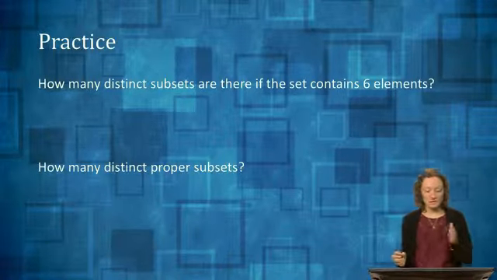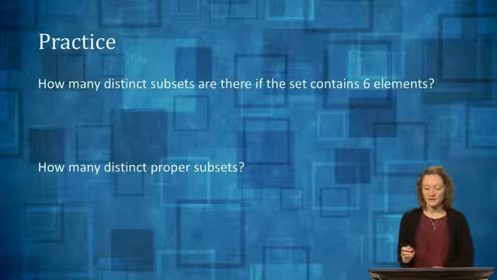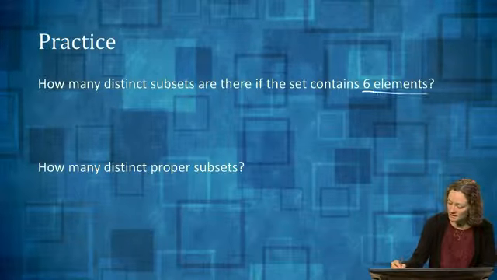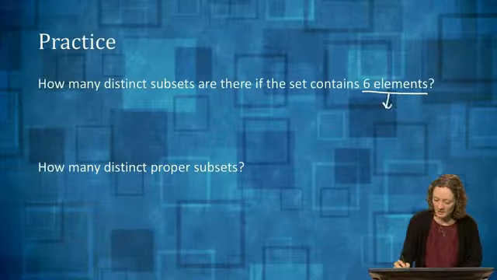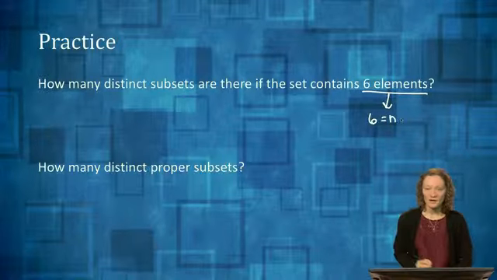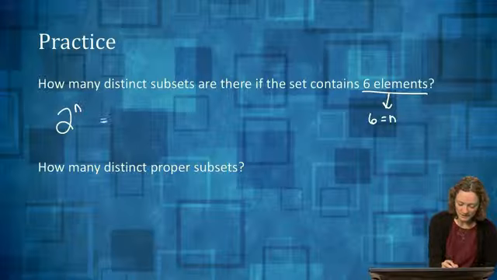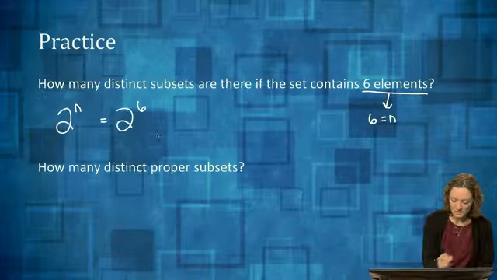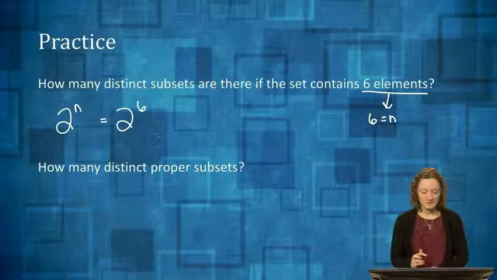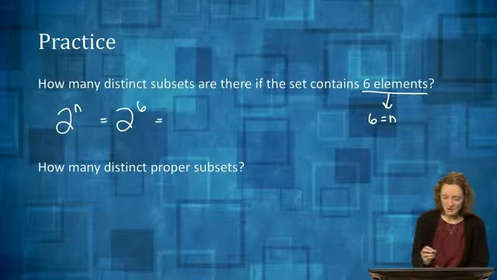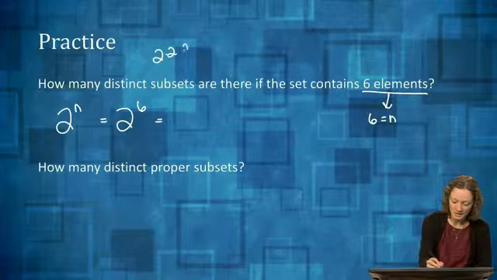Okay, so the first question, how many distinct subsets are there if the set contains 6 elements? 6 elements, according to the formula, means our n is 6, and the formula is 2 to the n. So we have 2 to the 6. This is how many subsets there are. 2 to the 6 just means repeated multiplication.